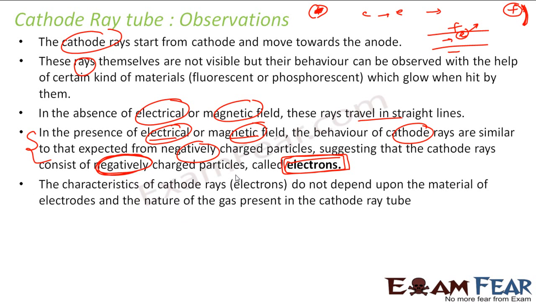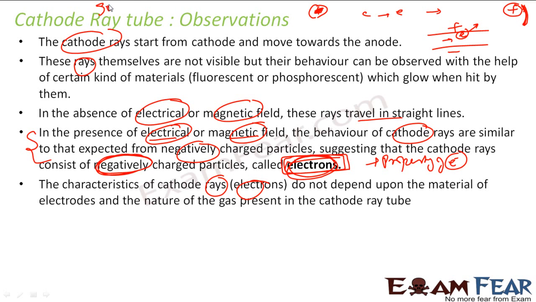Also, he found that this characteristic of the cathode rays, that is the electron, doesn't depend on the material of the electrode. You use aluminum, copper, anything, it doesn't matter. That means the property of the electron is independent of which object you choose.